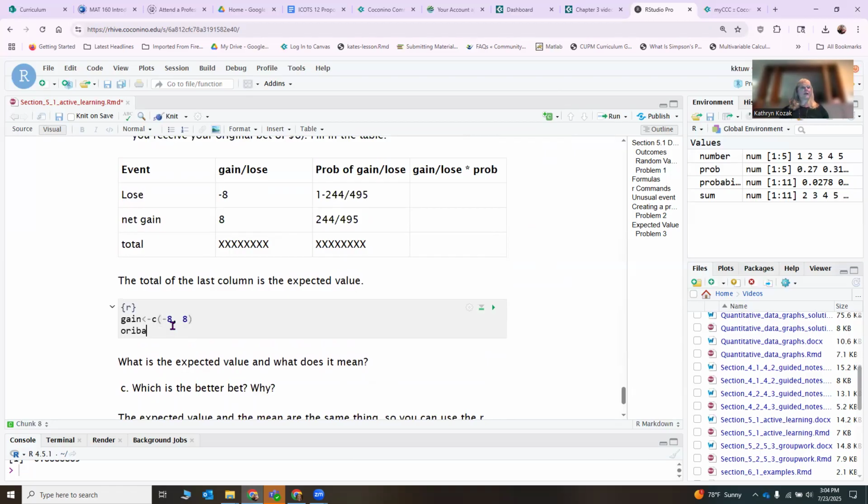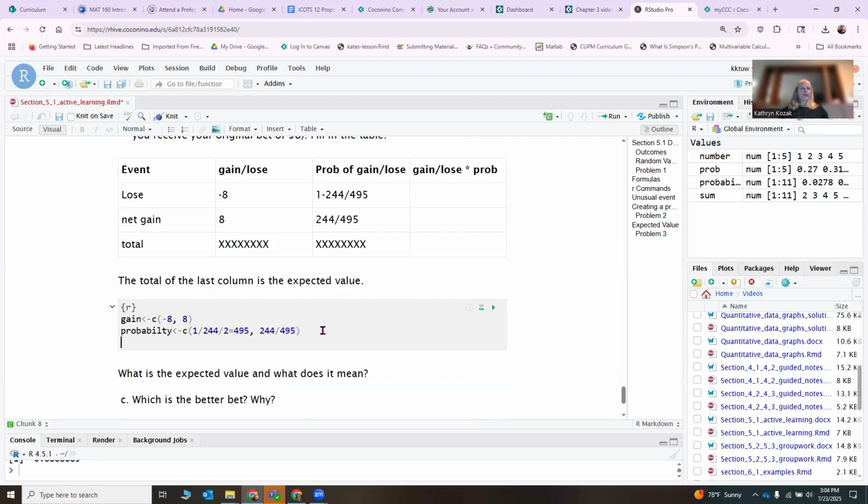And then I'm going to have my probability, c of 1 minus 244 divided by 495, and then my other one, 244 divided by 495. I just noticed I typed that wrong, so let me go fix that. And then I'm going to do a weighted mean, w.mean, of my gain and my probability.